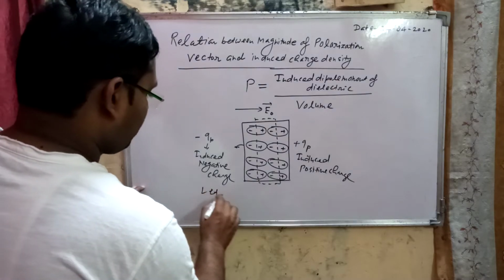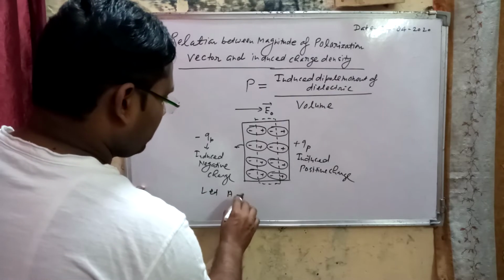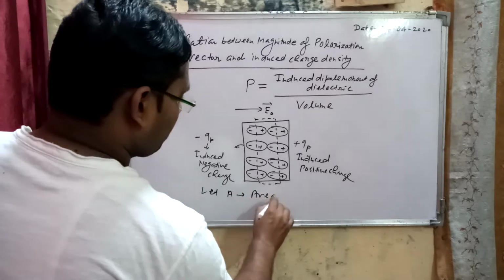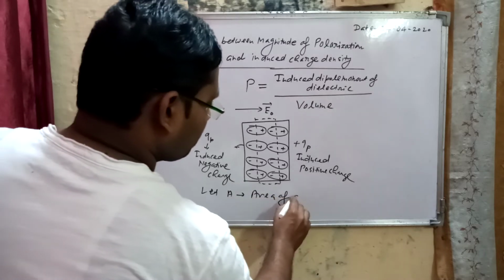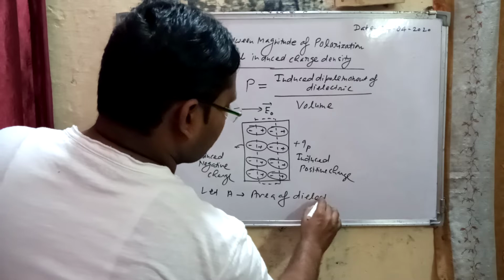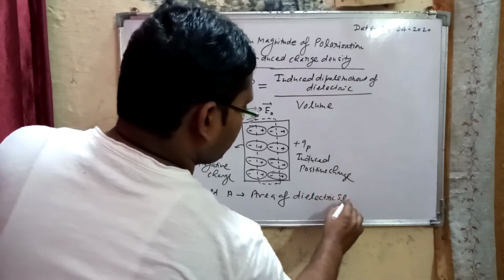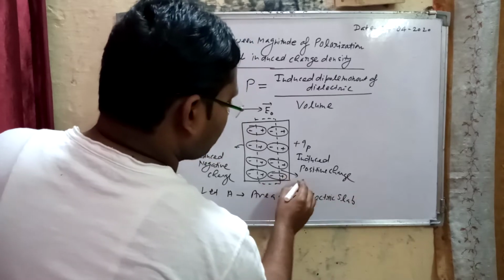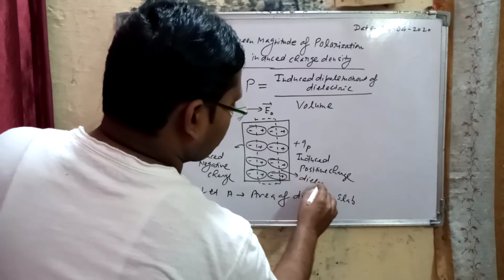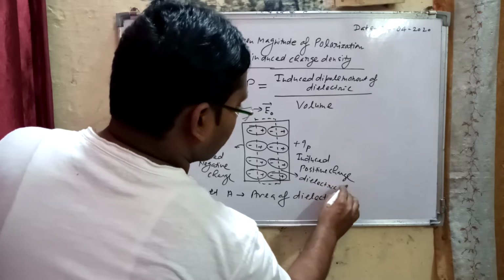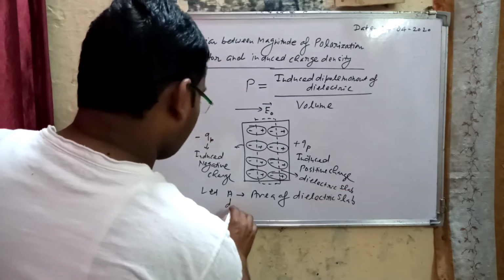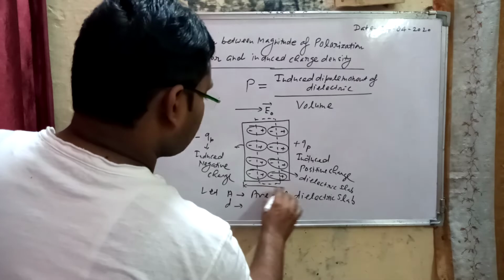Let capital A be the area of the dielectric slab. This one is the dielectric slab. And a small d is the thickness of the slab.